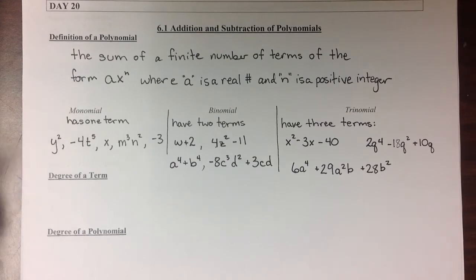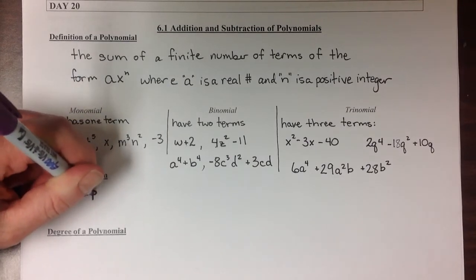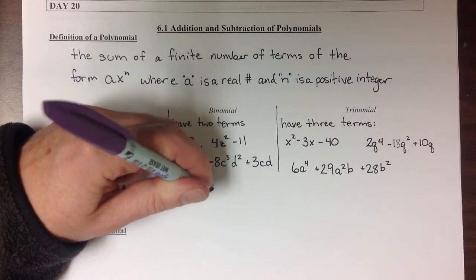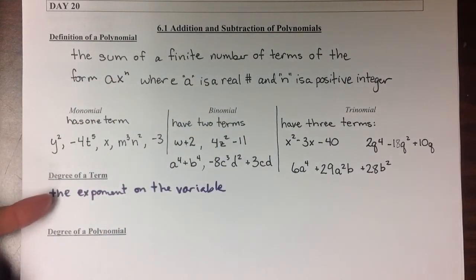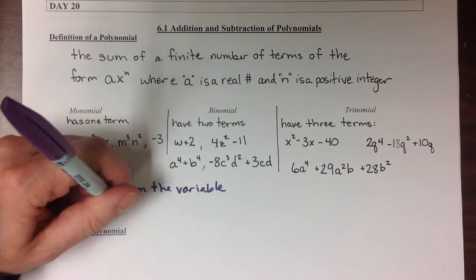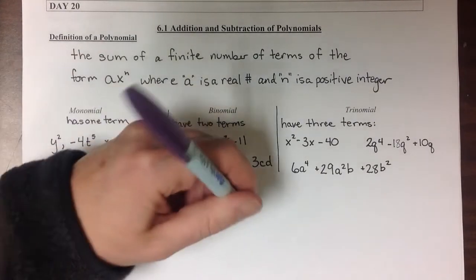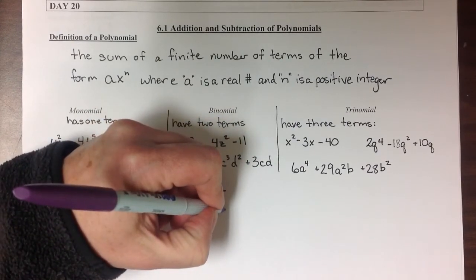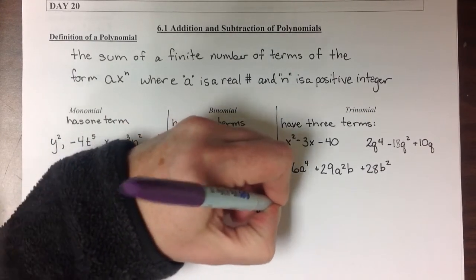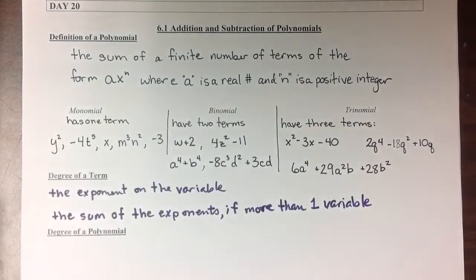So the degree of a term is the exponent on the variable, or if there is more than one variable in the term, the sum of the exponents. So you'd add them up.